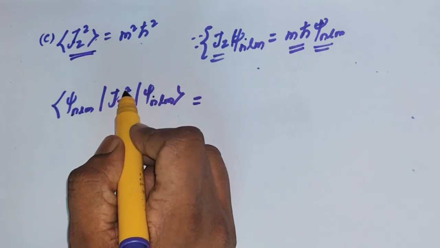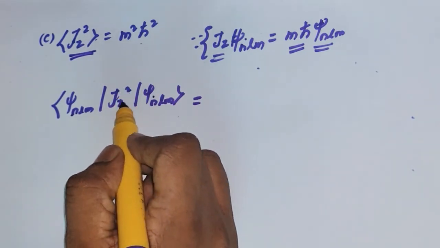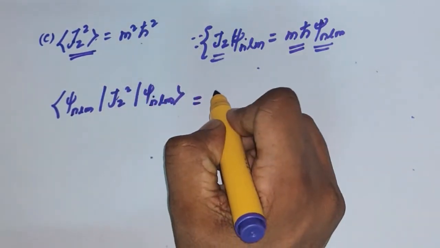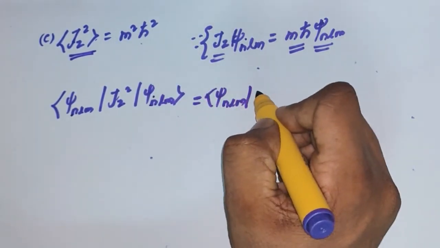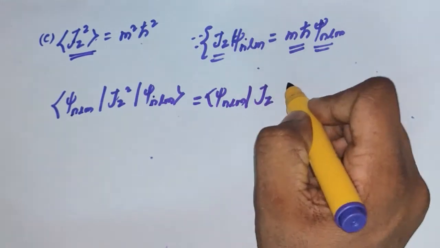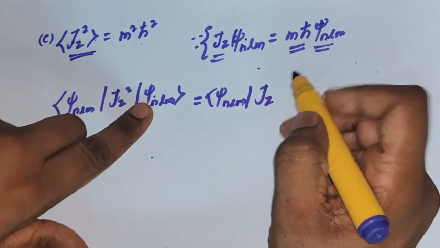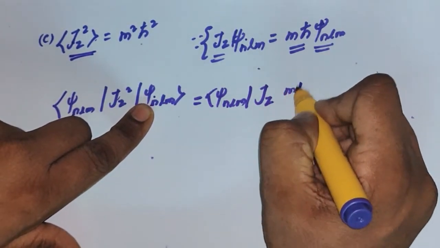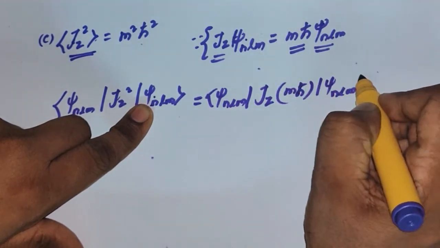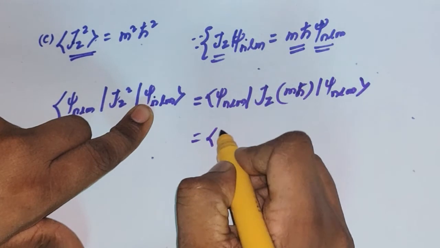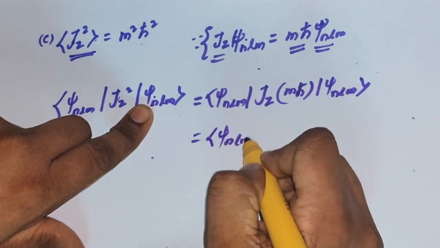There are two operators, Jz times Jz. The first operator, operating on the right-hand side wave function, gives m h cut times psi nlm.